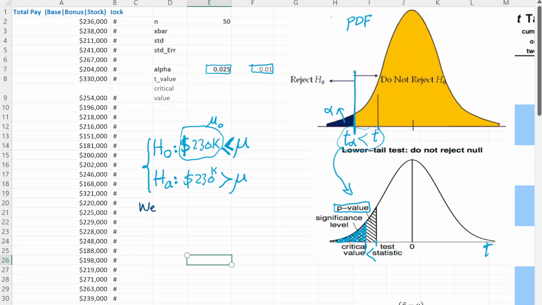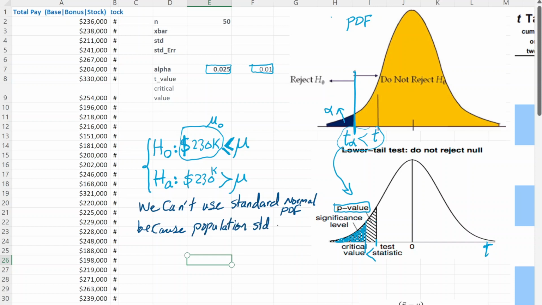We can't use the standard normal distribution, or Z, the standard normal PDF, because the population standard deviation, or basically sigma, is unknown. So I'm going to write on top, sigma is unknown.